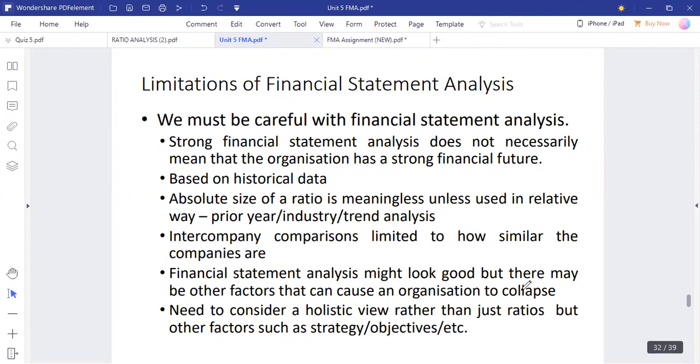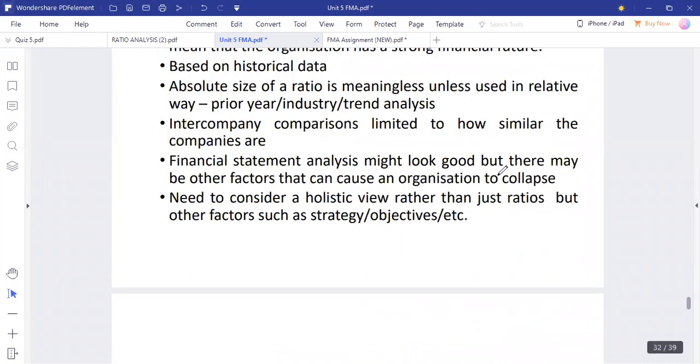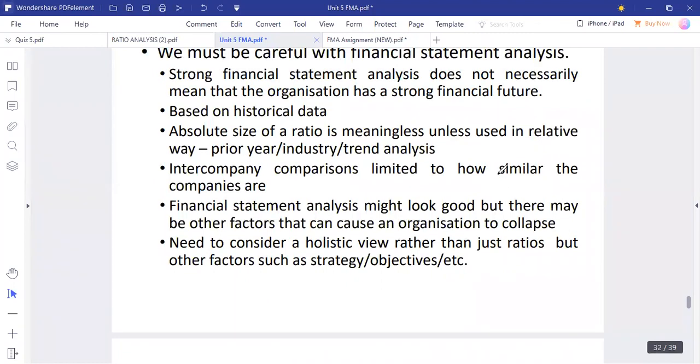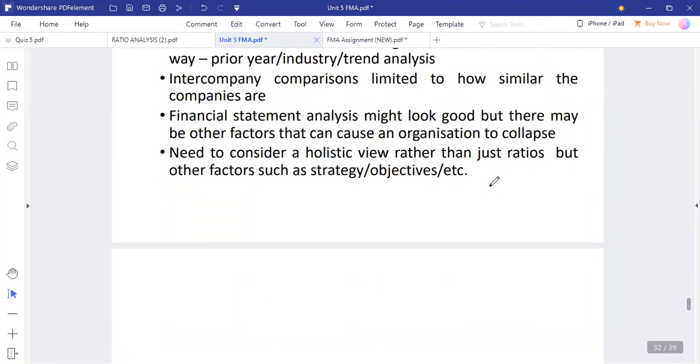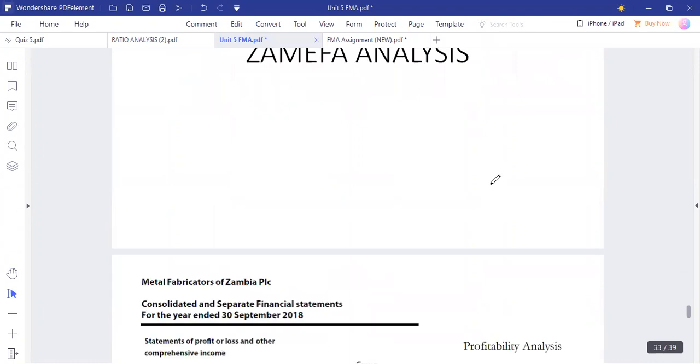These are not encompassed in the financial analysis, because of the non-financial aspects that may result in a firm going down. Then the last limitation is that there's a need to consider a holistic view rather than just ratios, but other factors like objectives and strategies, like I mentioned.